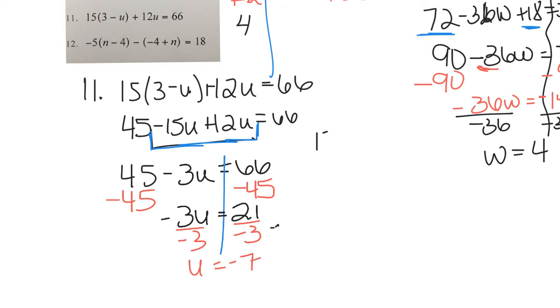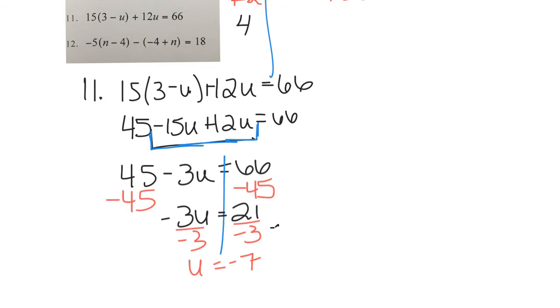And lastly, on this page, number 12, negative 5 times n minus 4. Hold on, I need more space for this. There we go. Number 12 here. Negative 5 times the quantity of n minus 4 minus negative 4 plus n equals 18.